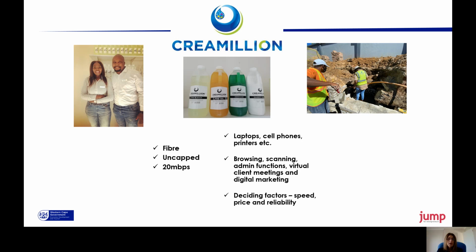This is an example of a company in George, Cremelian, a husband and wife team, and it's just an example of a company that transitioned from a very manual traditional practice to realizing that they needed to pivot and expand their business and look at different opportunities.